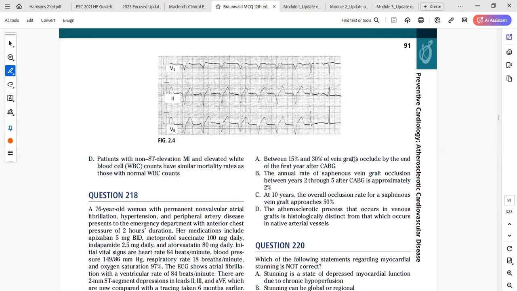Then the 9th one, sorry, it's the second to the last. That's what I'm saying. Yes, that's more like the fusion beat. Then after that, especially in lead 2, it looks like a captured beat because it has an upright P wave and then a narrow QRS complex.